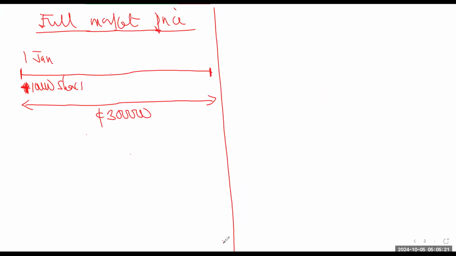So let's come here and see 1 March. Additional shares of 60,000 have been issued. So this will be 31 December. So what is the profit, the earnings for the year? The company earnings was 300,000.